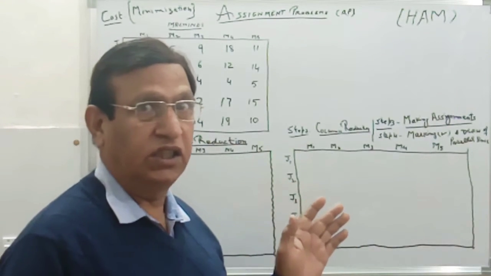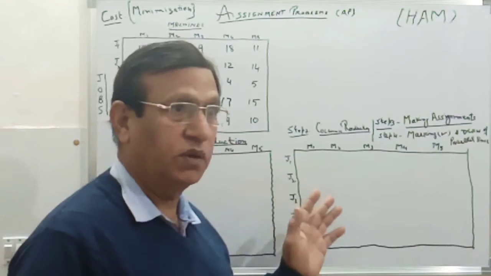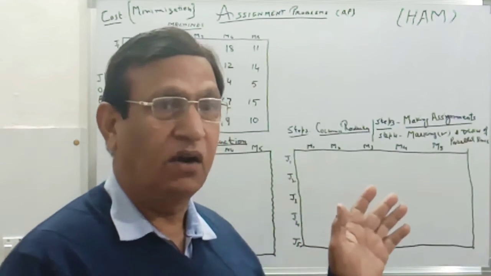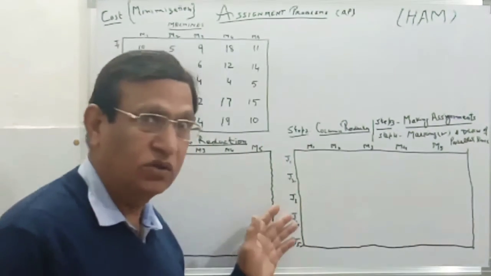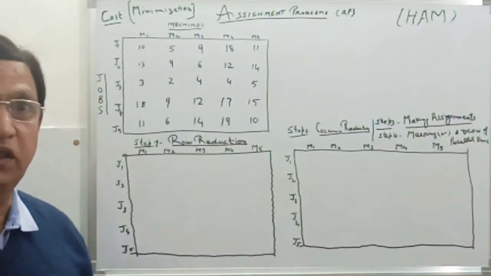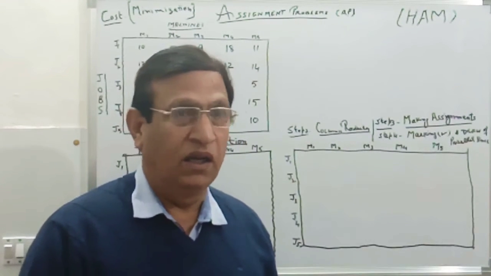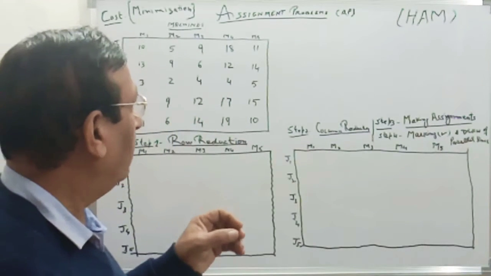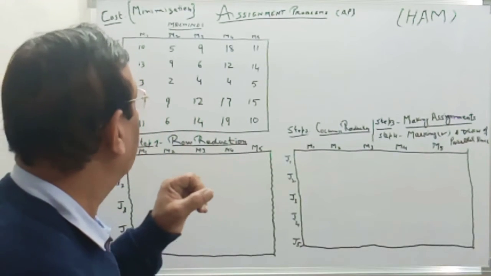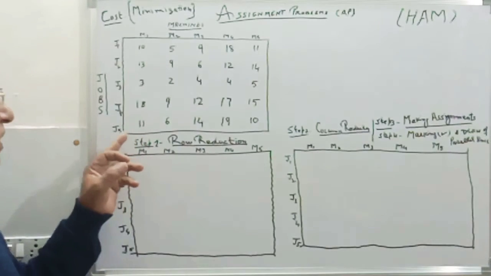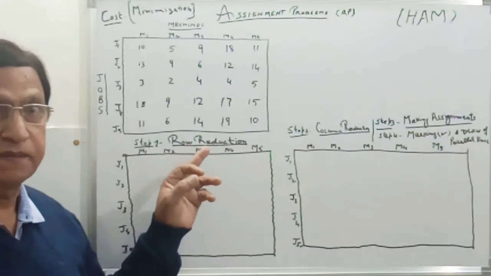That we will see while discussing this problem, and how to solve this exercise also with the help of the various steps or different techniques involved. So when we say this problem, then this problem is always given in the form of a matrix.